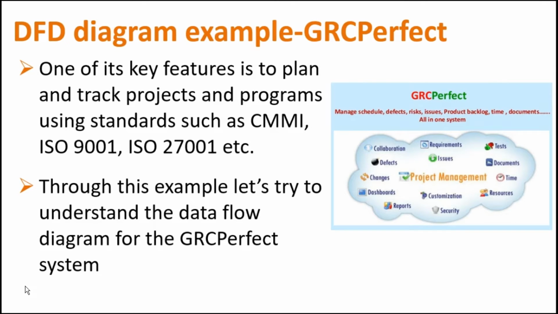It has various features, one of which is to plan and track projects and programs using standards such as CMMI, ISO 9001, ISO 27001, etc. Now through this example, let us try to understand how the data flows and gets transformed in the project schedule management module of GRC Perfect.